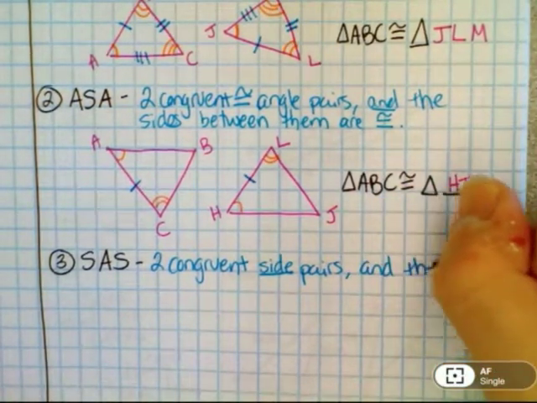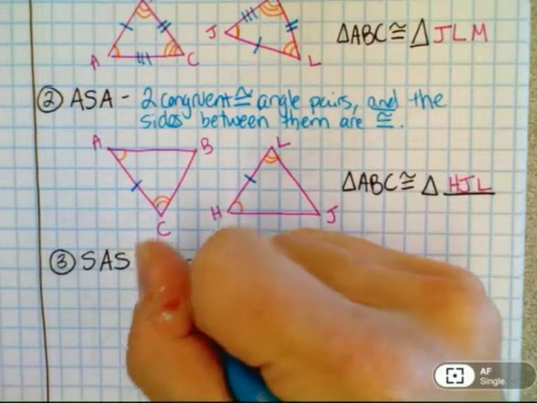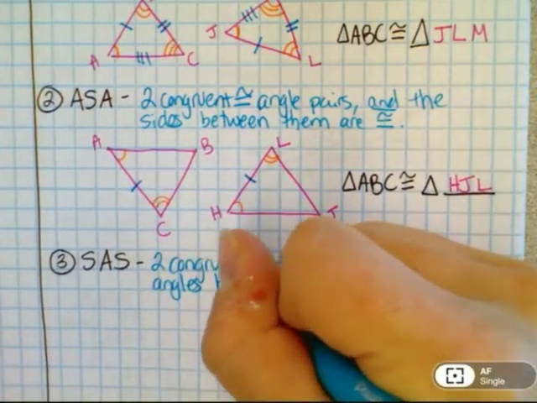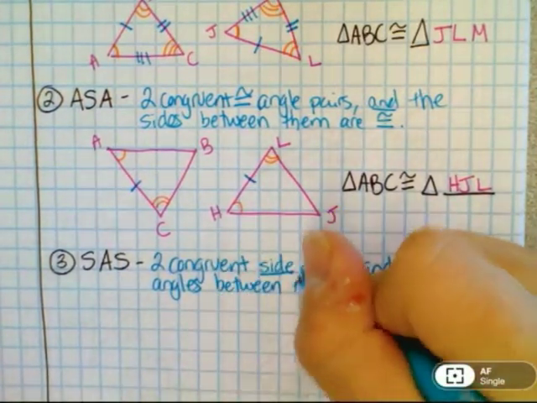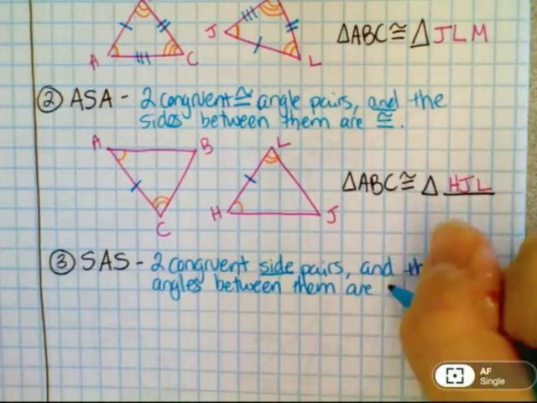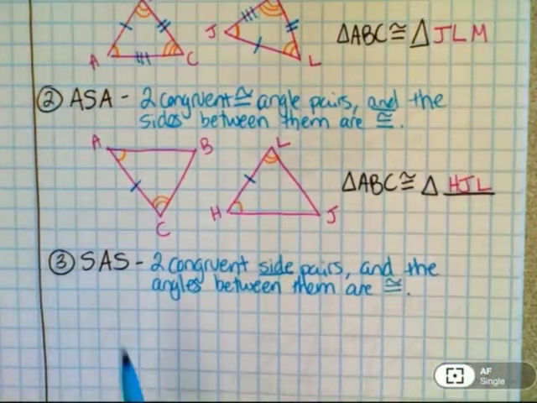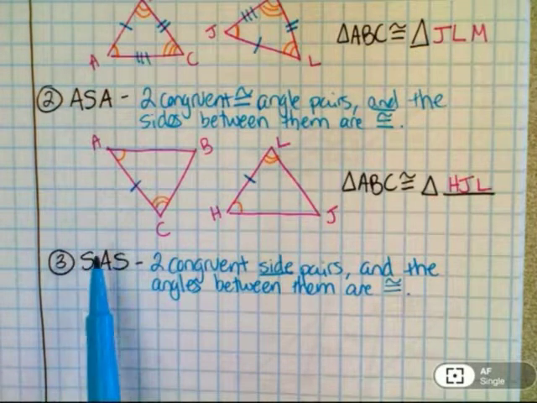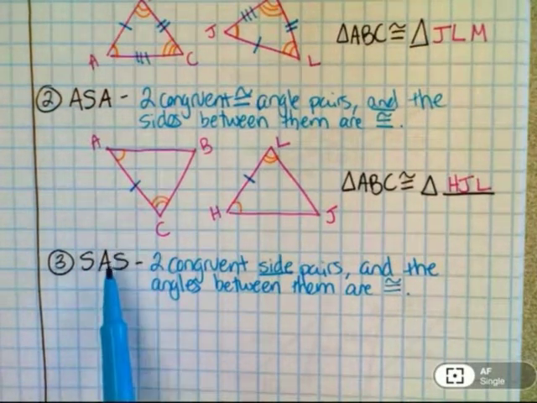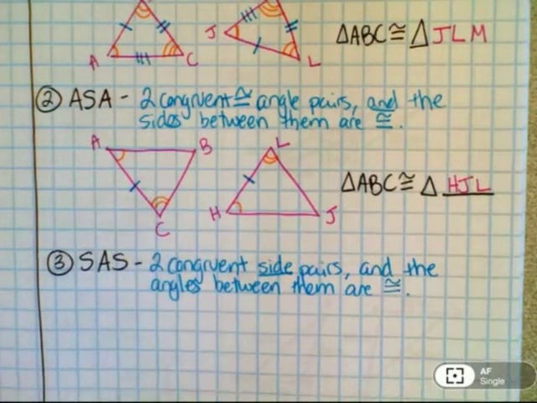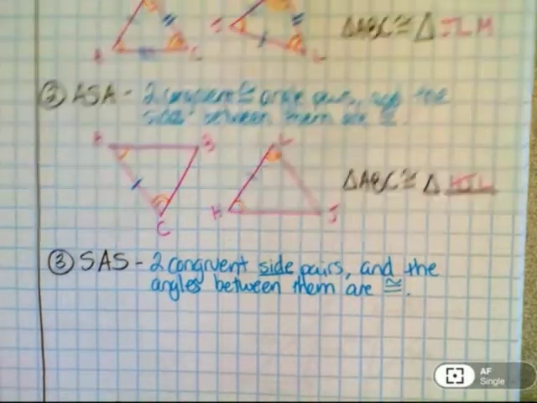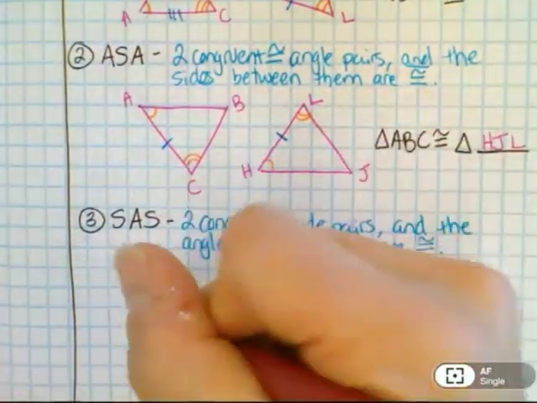And the angles between them are congruent. So it's so similar to this one, it's just that in this case we have 2 congruent sides with the angle between. Here we had 2 congruent angles with the side in between. So this is a new shortcut, and let me kind of show you what it's going to look like.